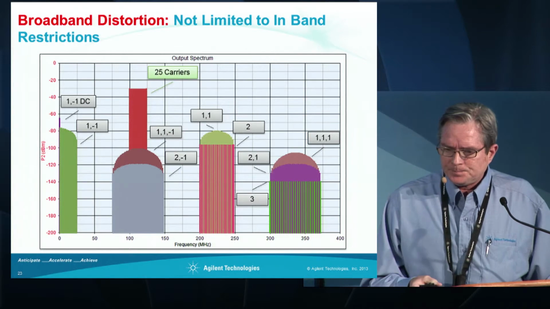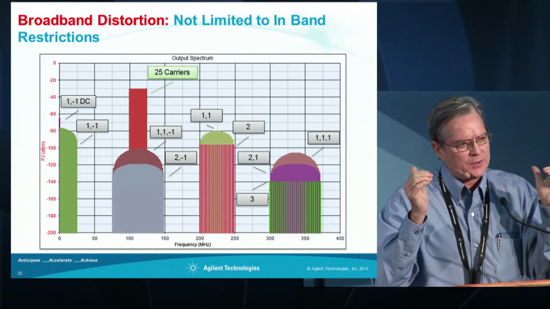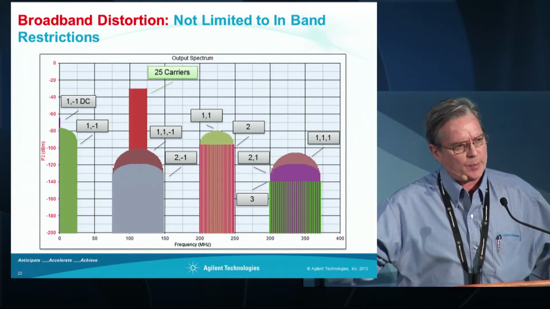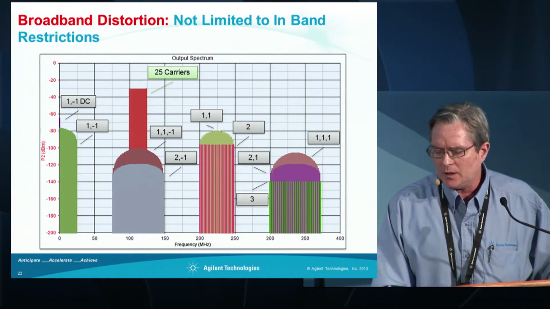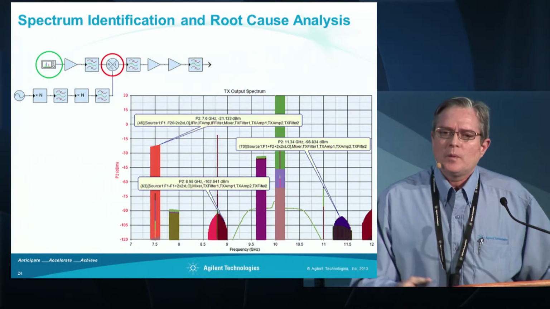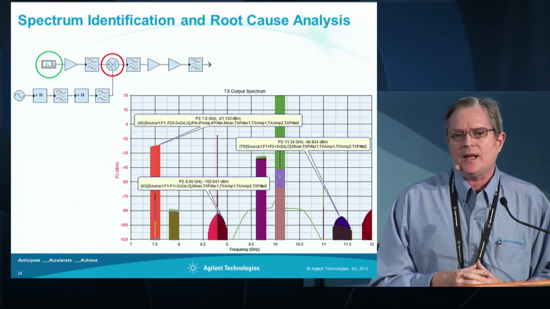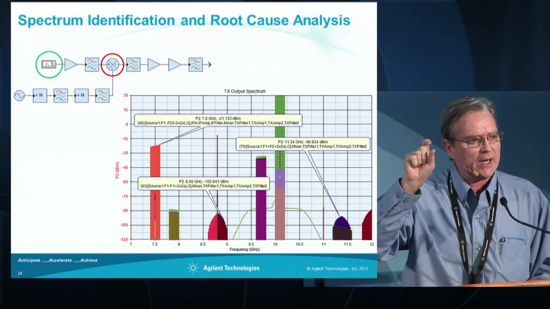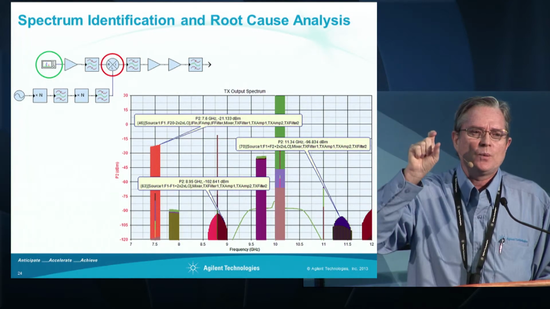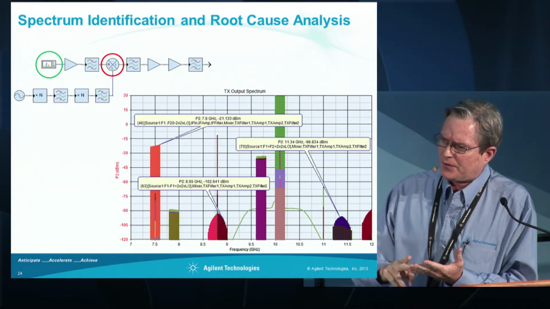All right. Once again, in the cable TV industry, generally they're interested in in-band. Well, this is broadband, so we can look at wideband spurious analysis. The other great thing that we have is spectrum identification and root cause analysis. So you can put your mouse right over the spectrum, and a tooltip pops up, and it shows you the power level, the frequency.